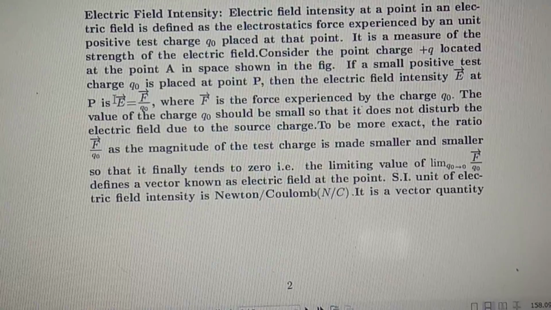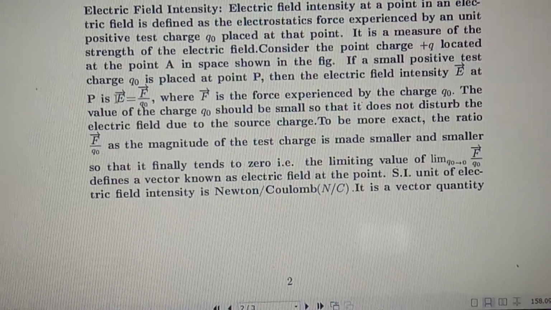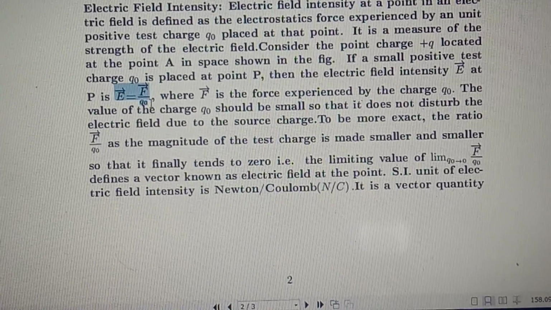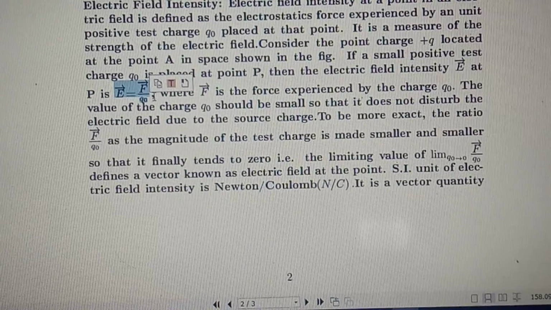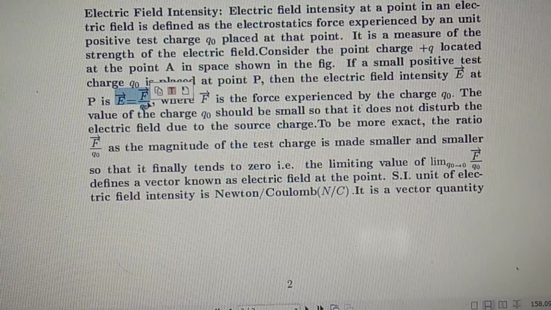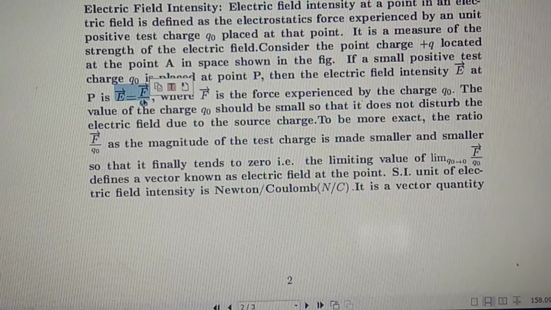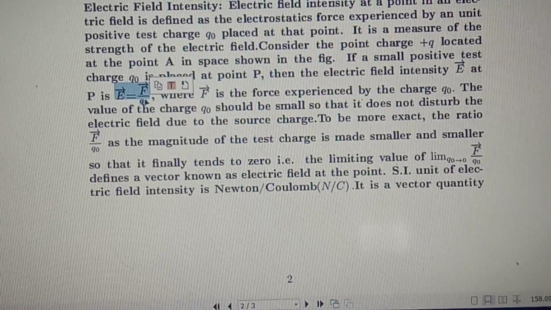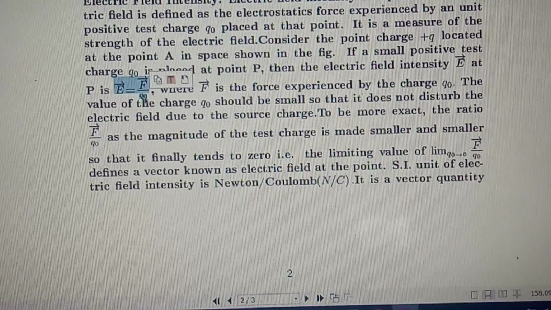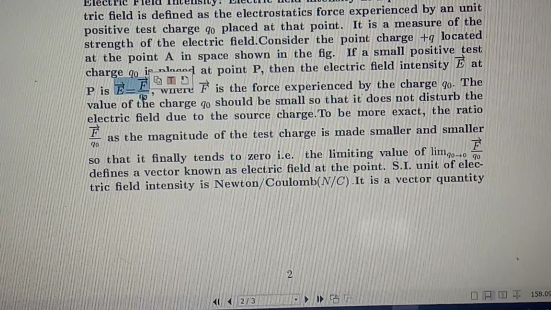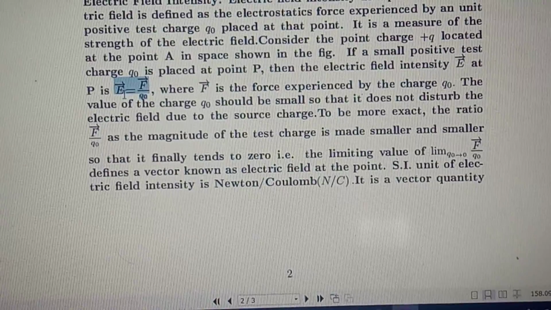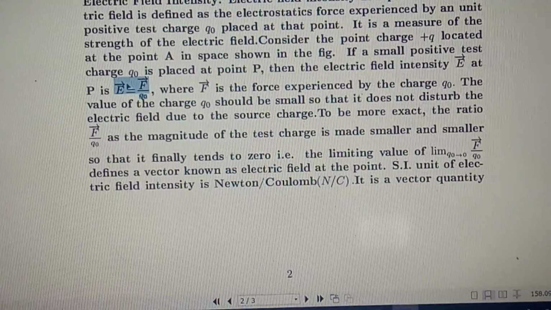The strength of the electric field at a point is given by this expression, where F is the force experienced by the test charge placed at that point in the electric field, and here Q naught is the test charge, E is the electric field intensity.